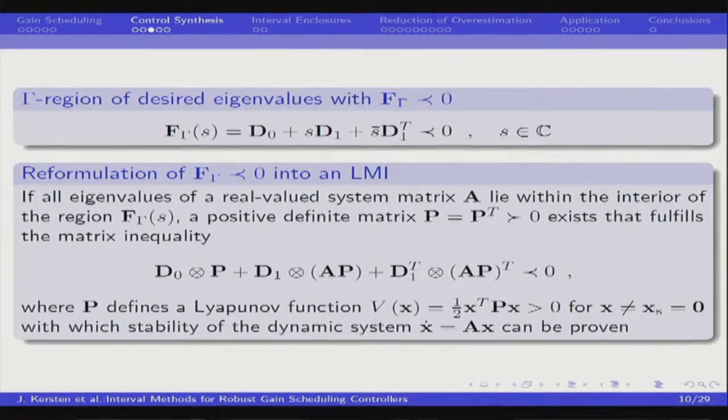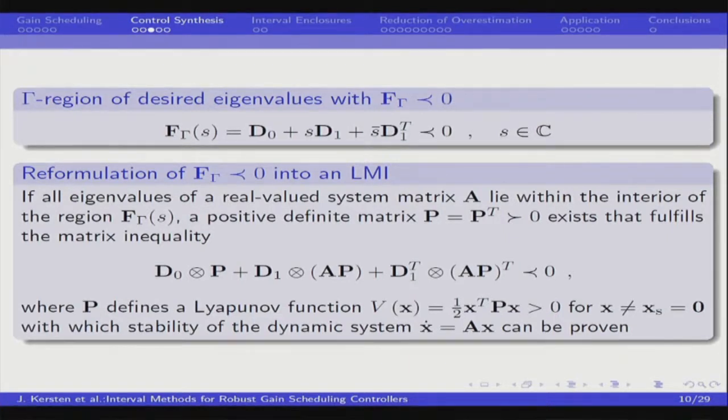So if all eigenvalues of the real-valued system matrix A lie within the interior of this region, there is a positive definite matrix P that fulfills the equation below. And this P is defined by the Lyapunov function, and with that, we can prove the stability of the dynamic system.